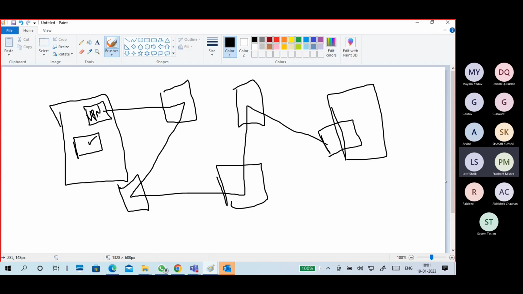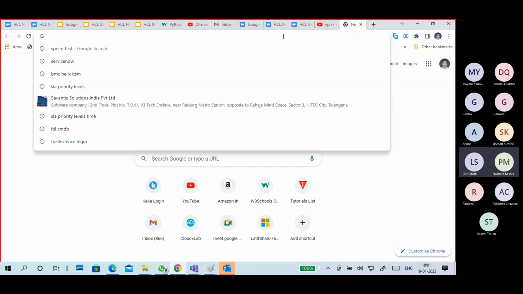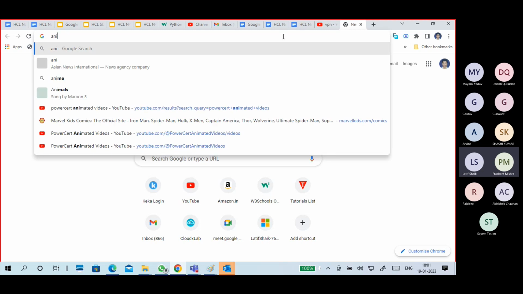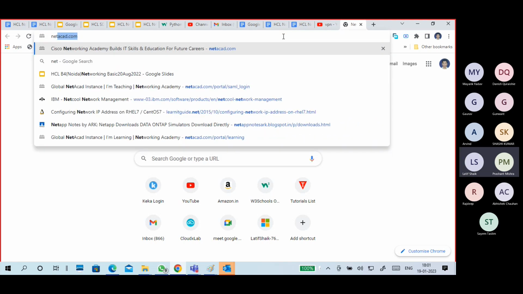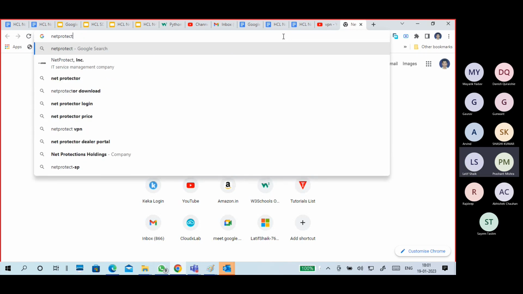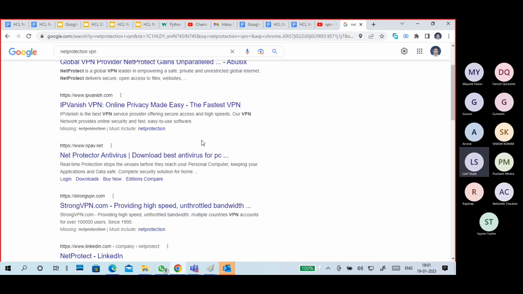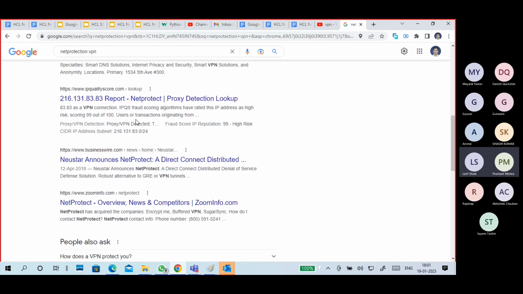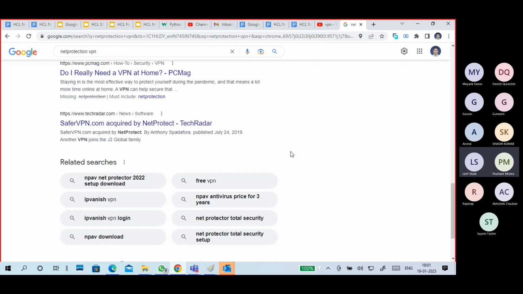And if you use a VPN, make sure of its genuineness. For example, any antivirus companies offering net protection are genuine, not these new kinds of stuff, guys.